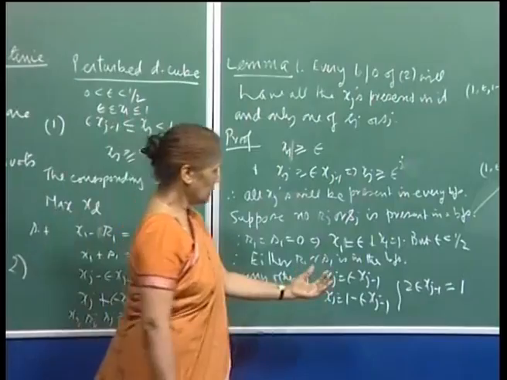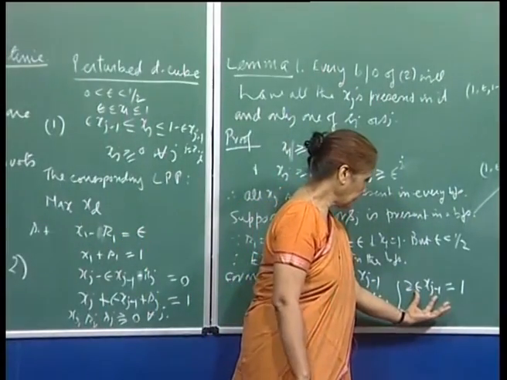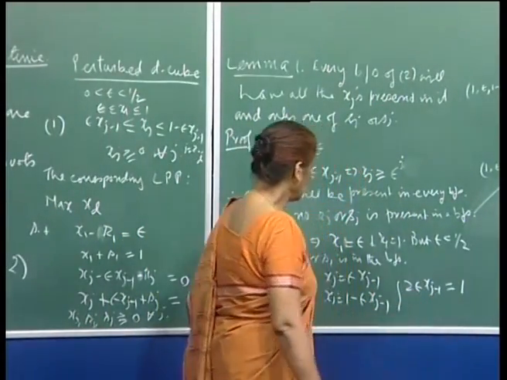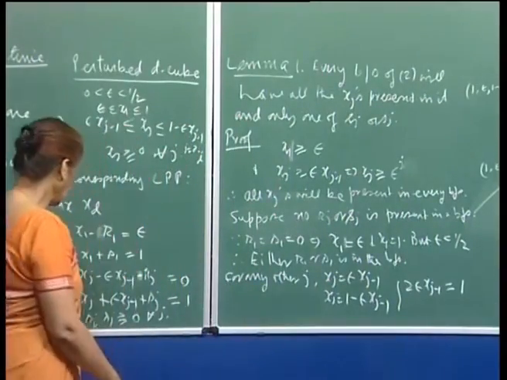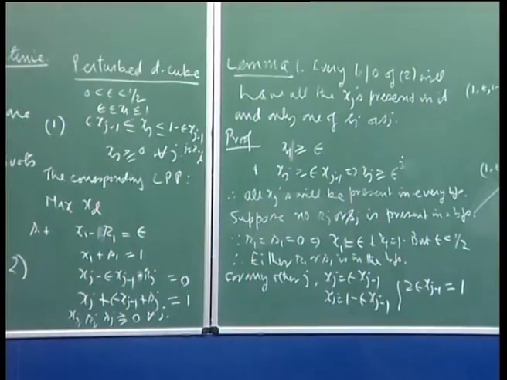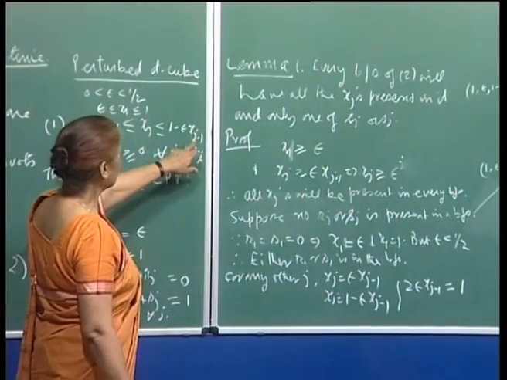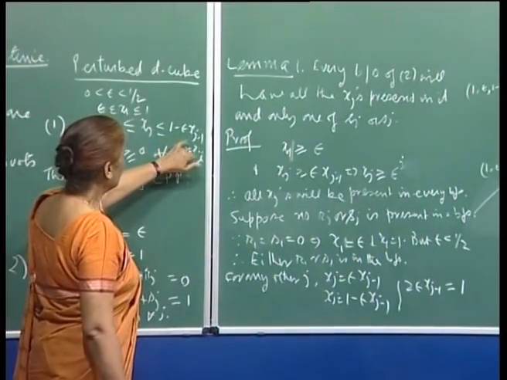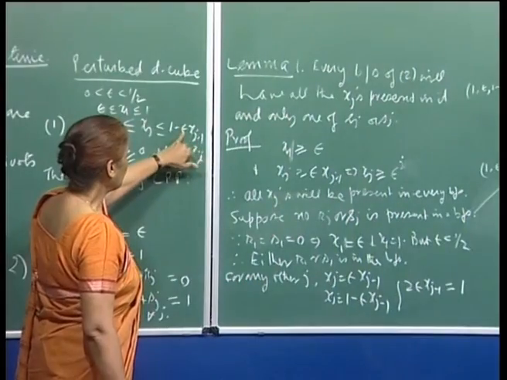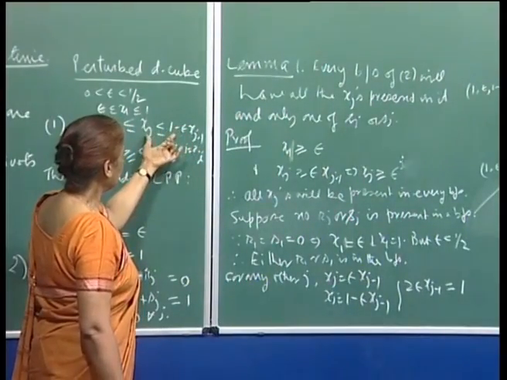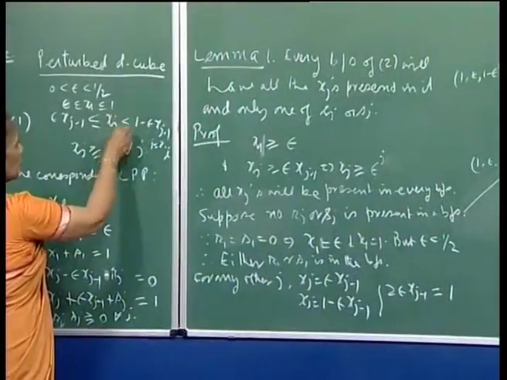Where do we assume that xj's are less than or equal to 1 minus epsilon xj minus 1? So xj minus 1 are non-negative, epsilon is positive. So this xj is less than or equal to 1, right.